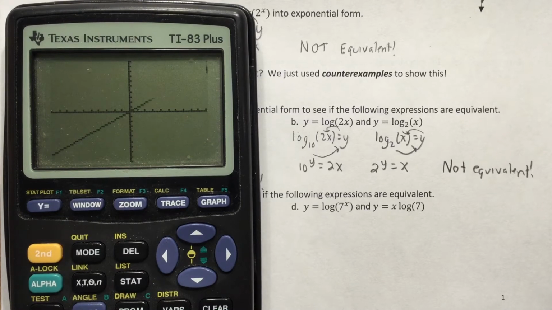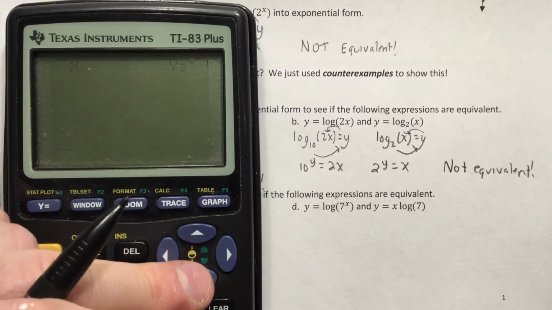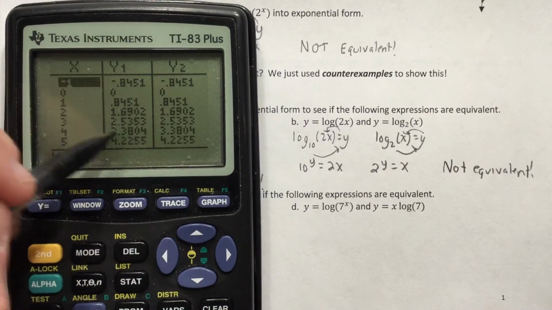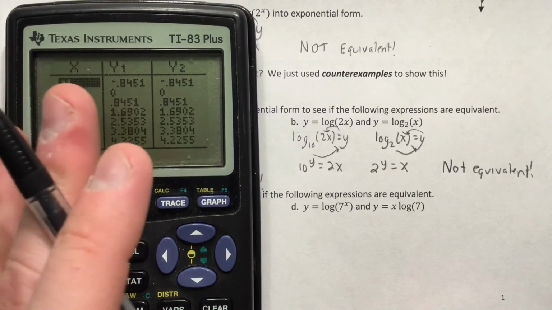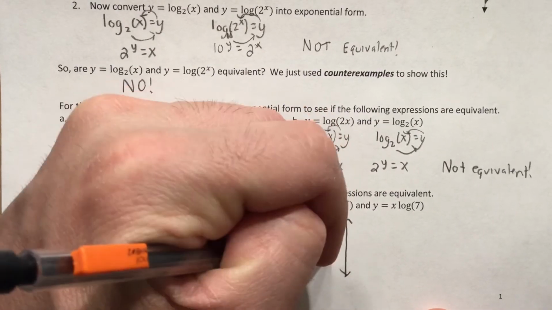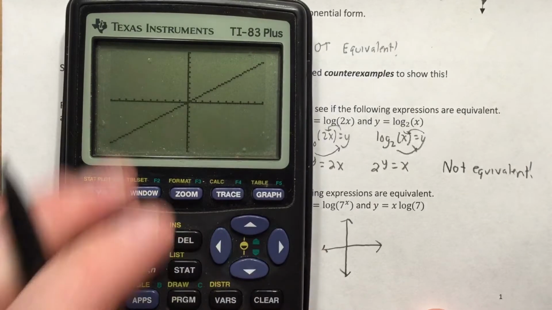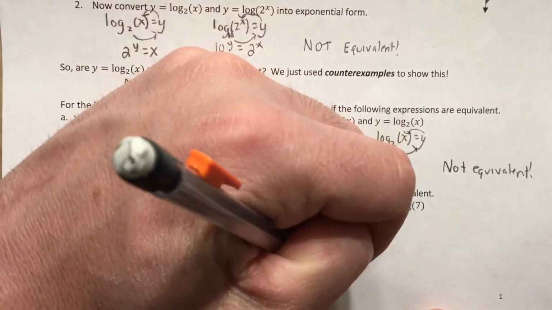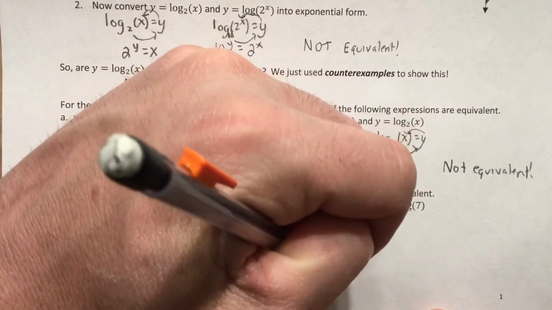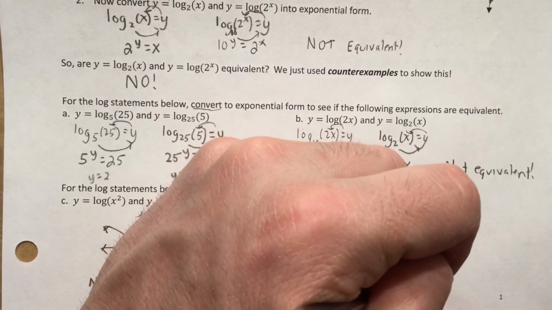And believe it or not, this one only shows one graph because, looking at the table, all these y values are the same. So these actually are equivalent to each other. So we made a sketch. And our sketch looks like a straight line. There's only one of them, so they are equivalent.